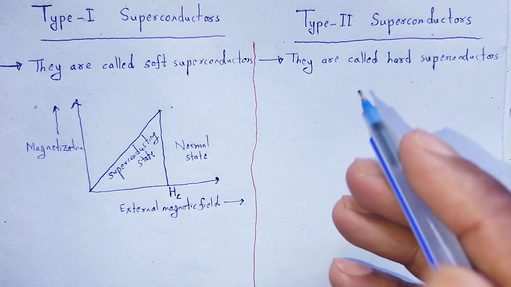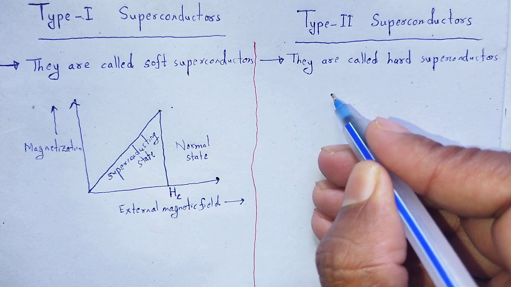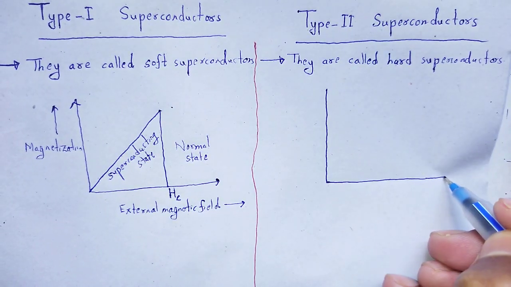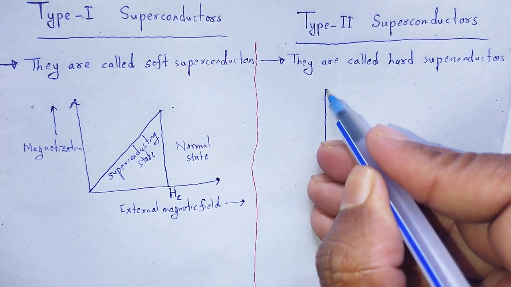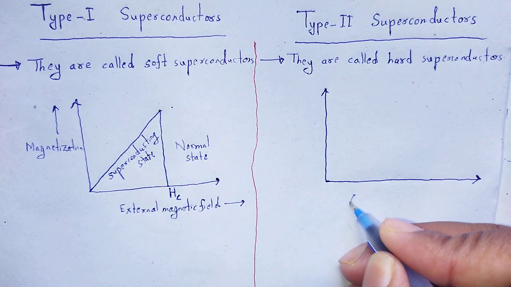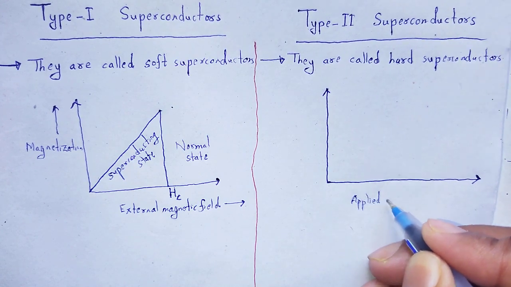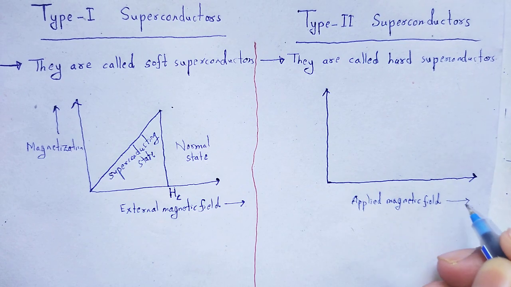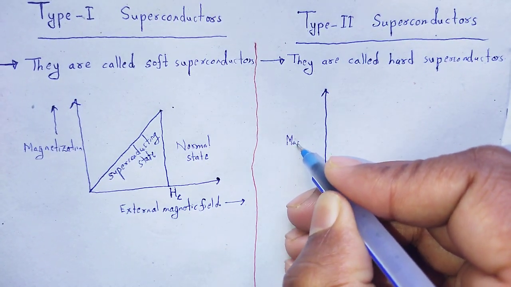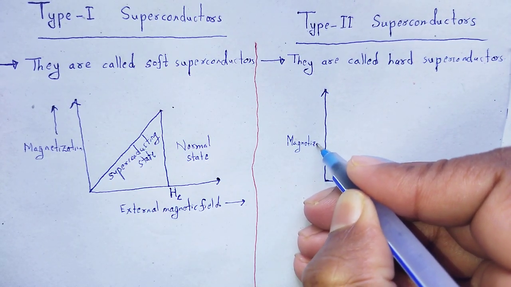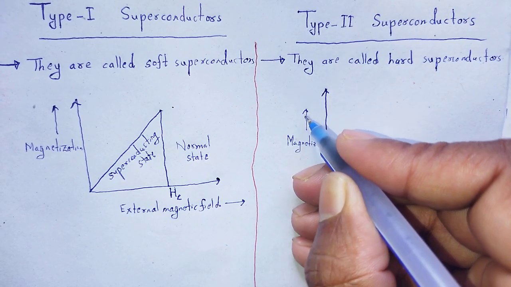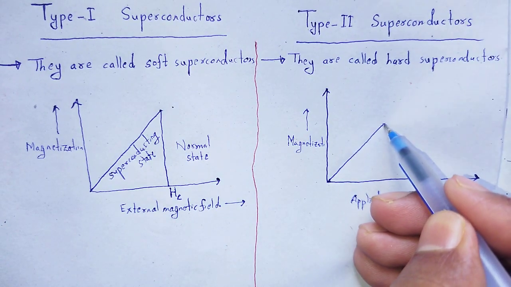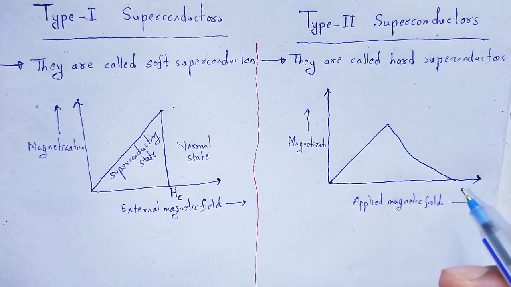Similarly, for type 2 superconductors, if we plot the graph in between applied magnetic field along x direction and magnetization along y direction, the graph we see looks like this.